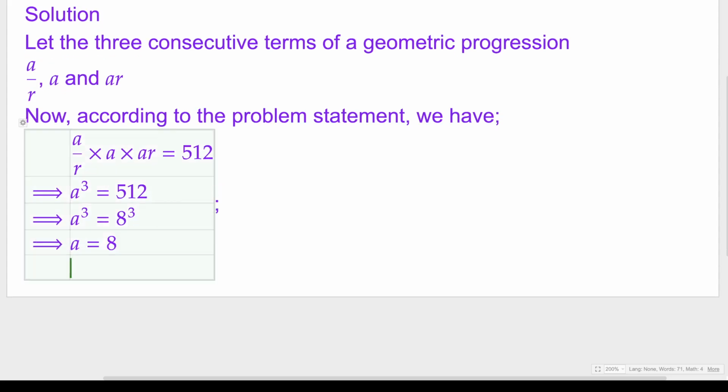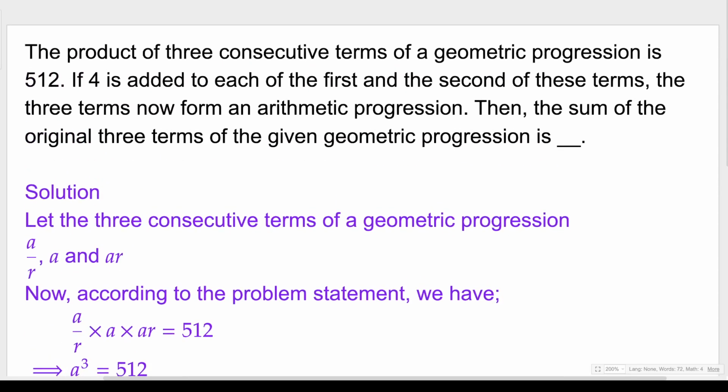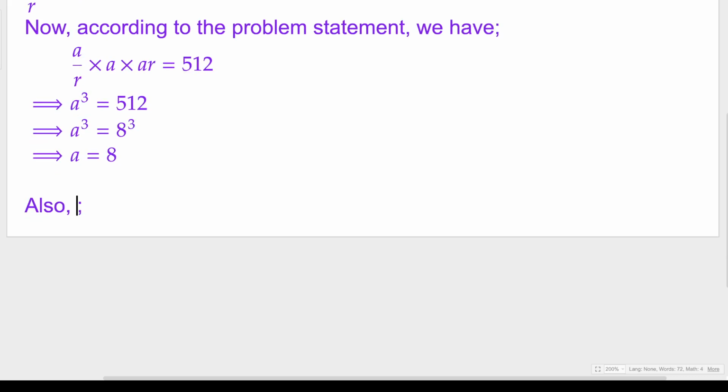Proceeding to the next step, it is also mentioned in the problem statement that when 4 is added to each of the first and second of these terms, the three terms become an arithmetic progression. So I will use this information.